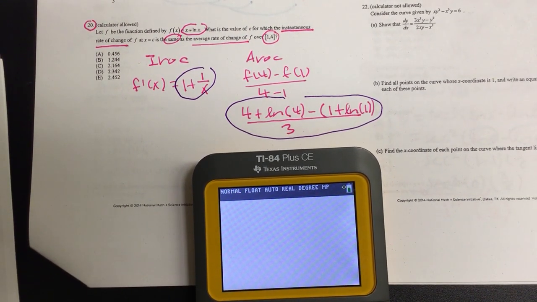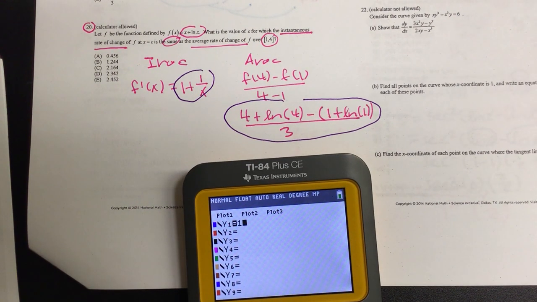Grab a calculator if you need. Don't just watch me, that's not going to be helpful. So grab one if you have a class set assigned to you.